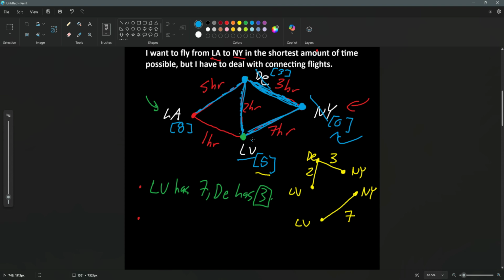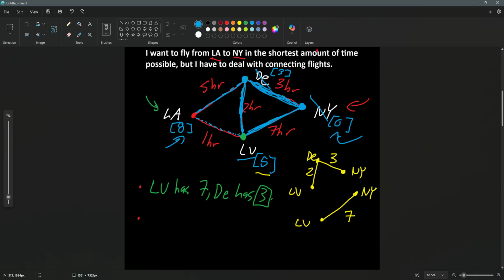Okay, Las Vegas, right? We can't talk about this edge because we already looked at it. Can't talk about this one because we've looked at it. Only one that's left to talk about is this fella right here. And what we're going to do is same thing, right? We're going to check. LA has a number. Do we have to replace this?